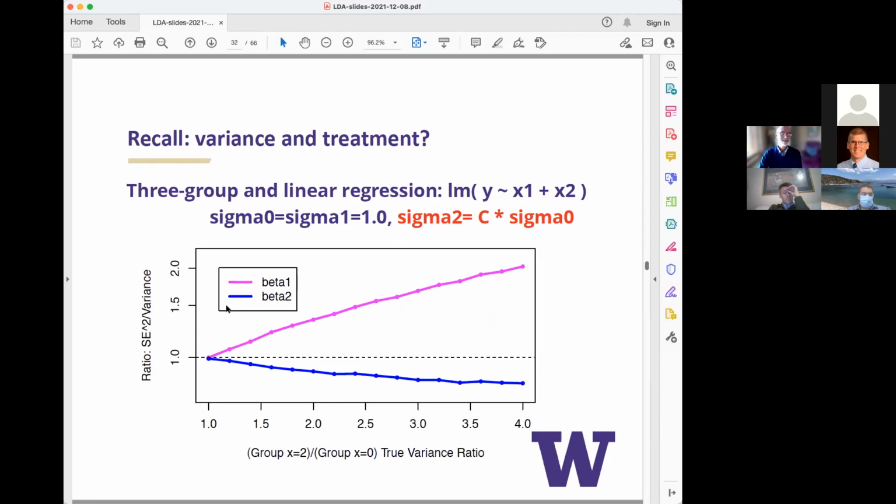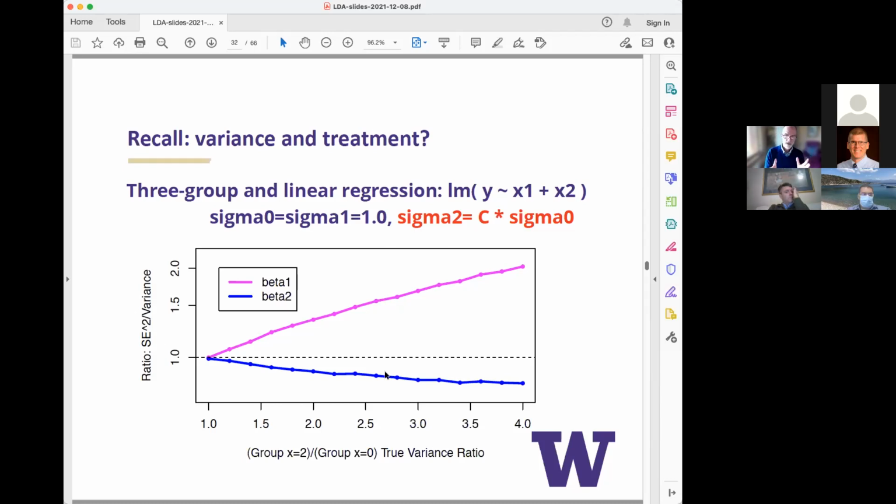What do you get as the ratio on the y-axis, the standard error you're reporting versus the variance in truth? And the answer is, as soon as you move away from that constant variance, you're going to get one of the groups' standard error overestimated, and you're going to get one of the groups' standard error underestimated.